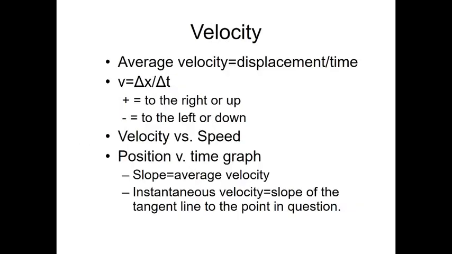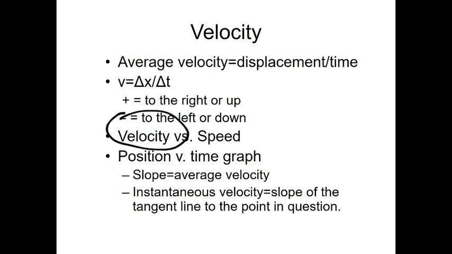All right, next we want to talk about velocity. Velocity, or average velocity at least, is an object's displacement over time. So we might see it notated as v equals delta X over delta T. Again, remember, plus to the right or up, and negative means to the left or down. Now, velocity and speed are two terms that we need to make sure we know the difference between.